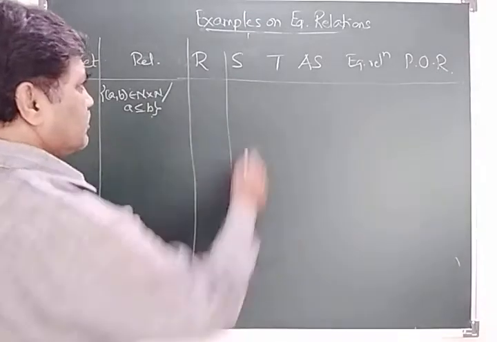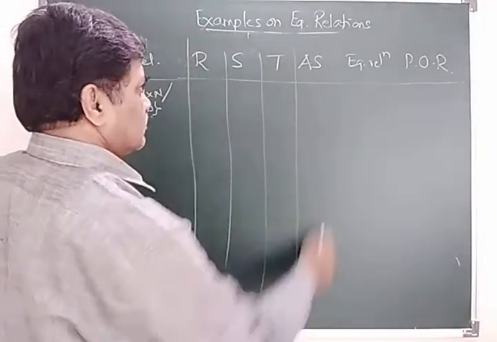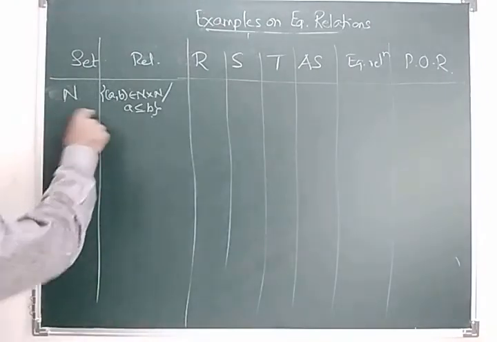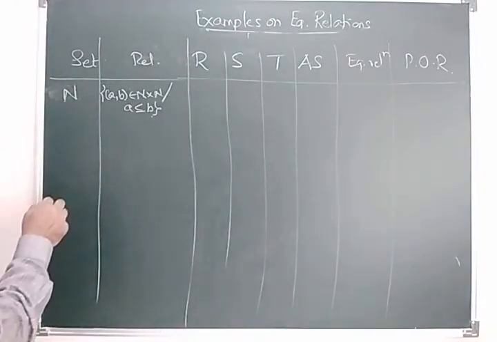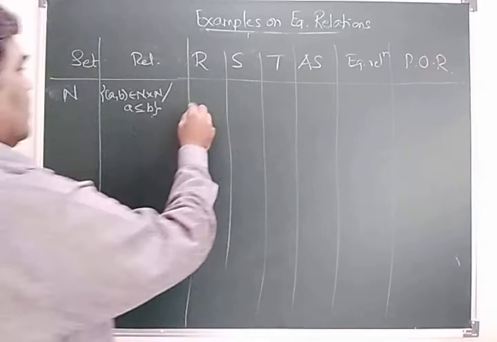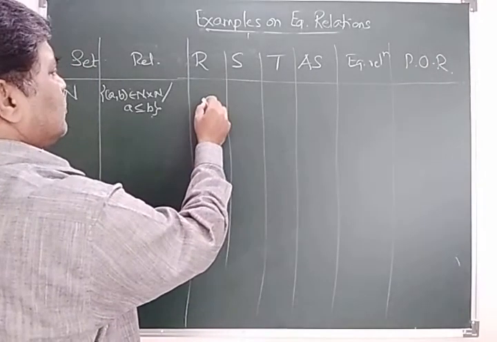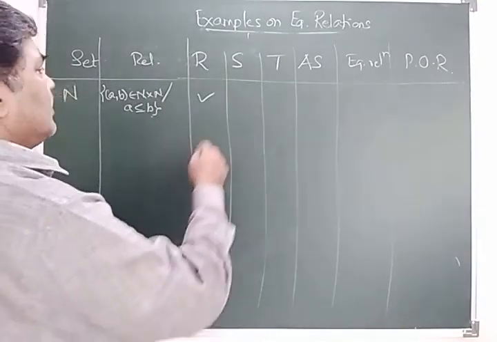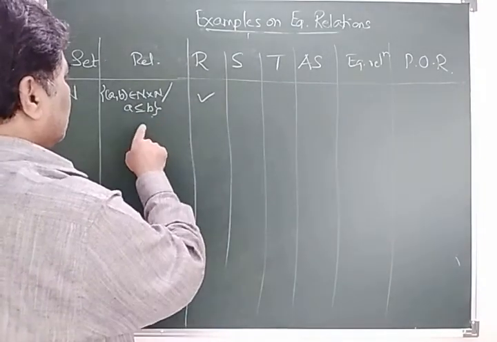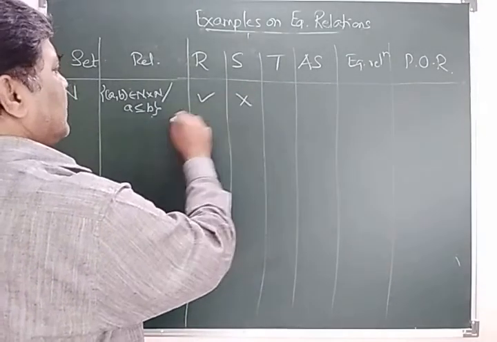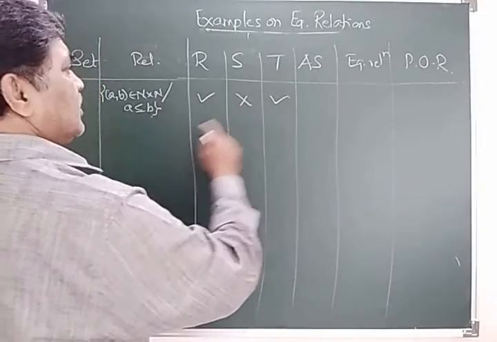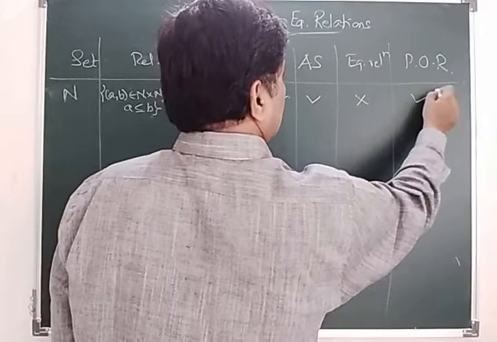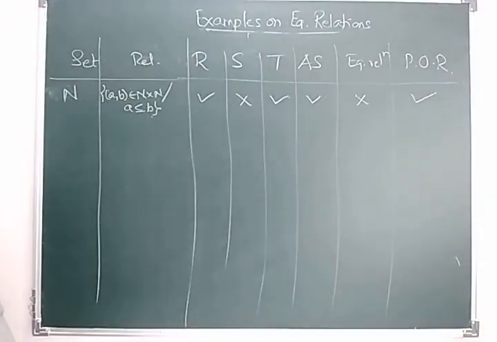Then, is it reflexive? Yes. Every element is less than or equal to itself. Is it symmetric? No. Is it transitive? Yes. Is it antisymmetric? Yes. This is not an equivalence relation, it is a partial order relation.